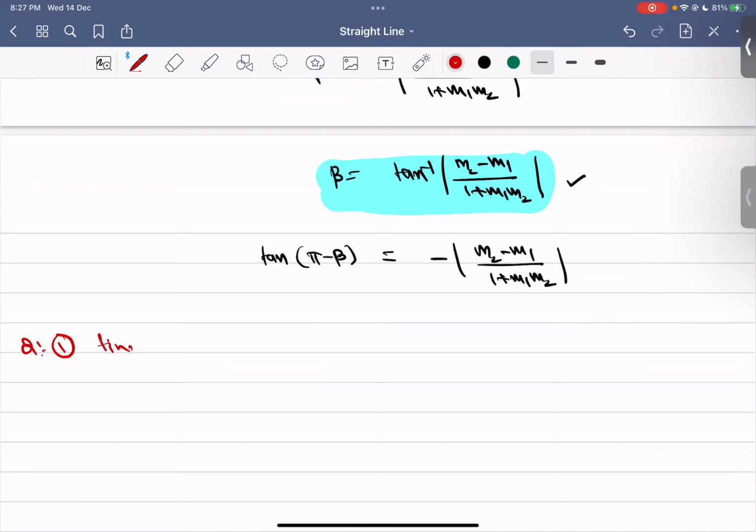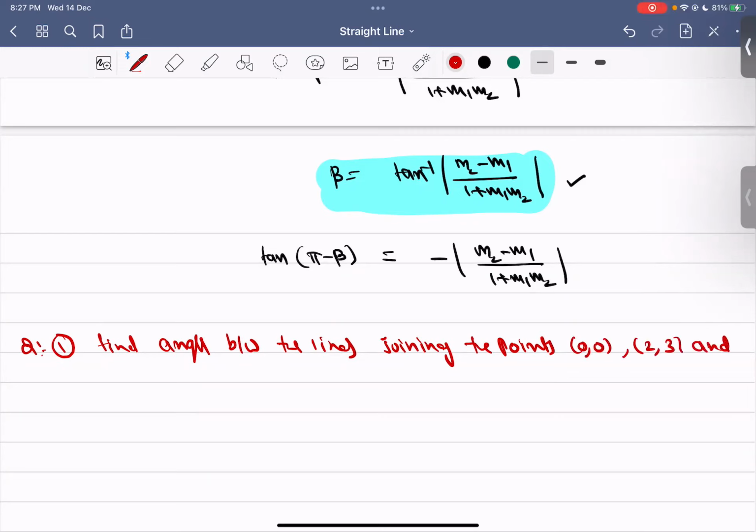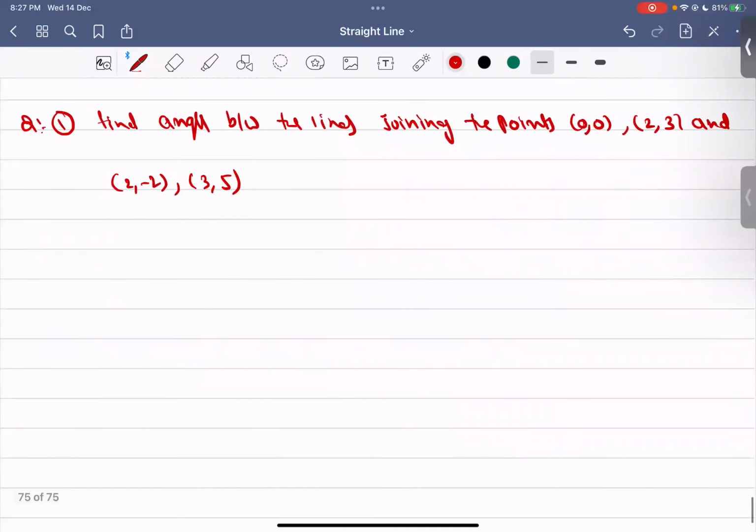Find the angle between the lines joining the points (0, 0), (2, 3) and (2, minus 2), (3, 5). So this is the question.